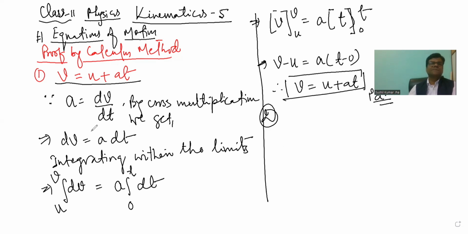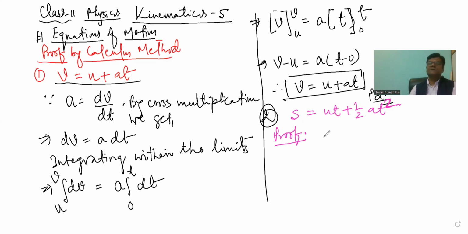Similarly, we have the second equation of motion, which is s is equal to ut plus half at square, right? So the proof can be done because in this we have distance and initial speed.